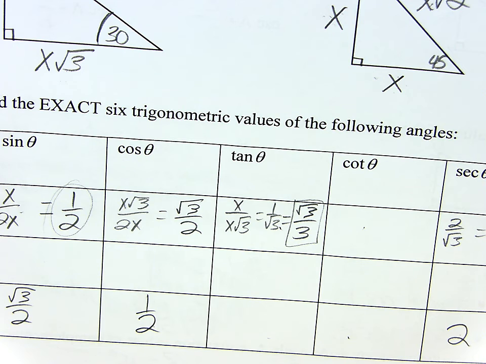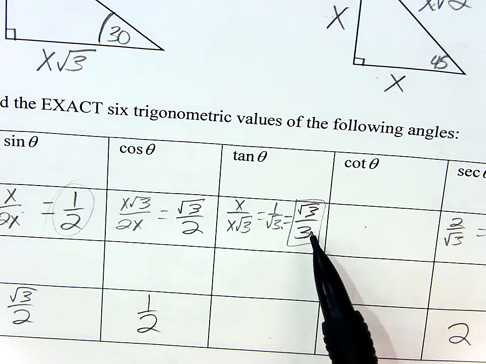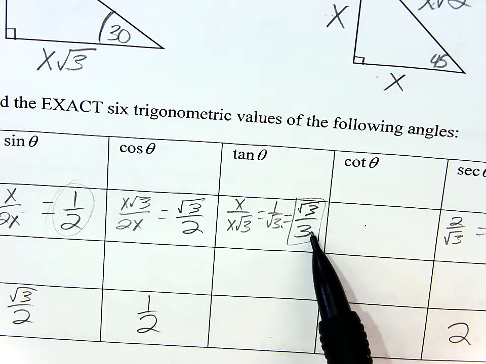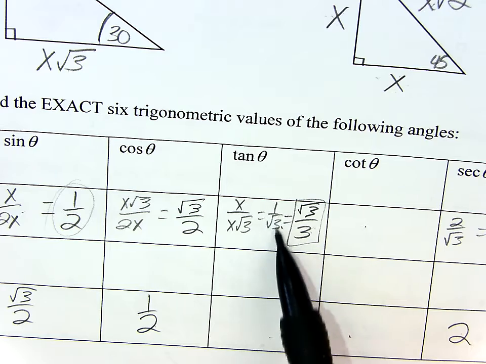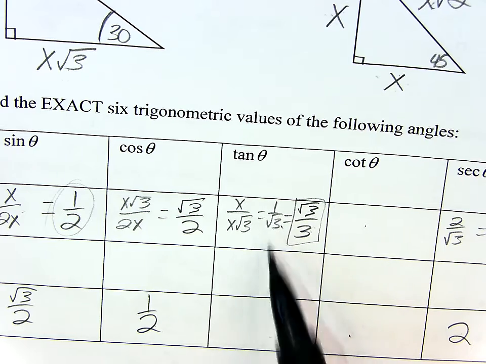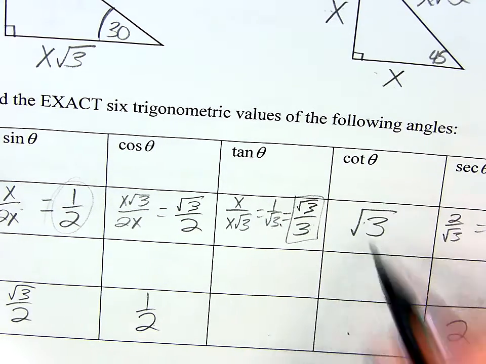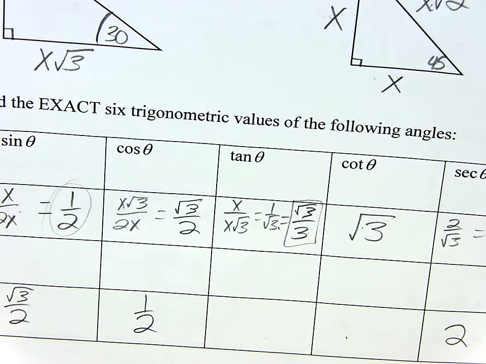And then I could get cotangent, right? Because they're just reciprocals. Now, helpful hint, don't do the reciprocal of this one because that just puts a square root back in my denominator. Take the reciprocal of that one, and that just leaves me with root 3. Much easier. Less math for me to do.